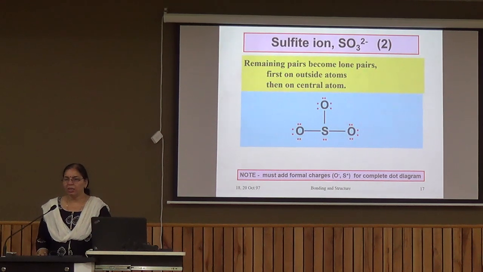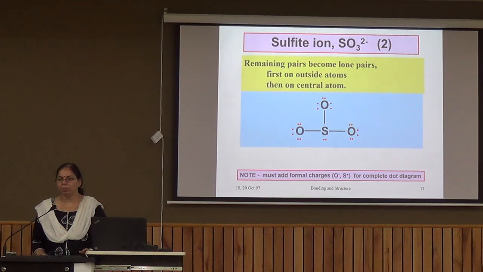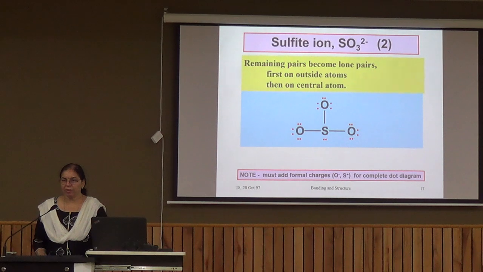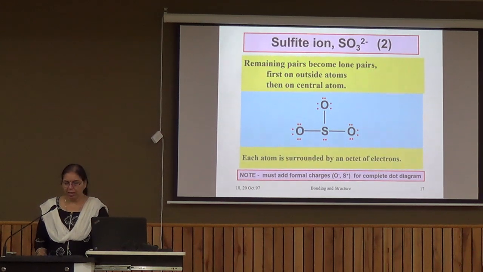Now divide equally these lone pairs of electrons. Each oxygen atom is having 6 electrons present in the outermost shell, which are left behind, not shared during the bonding, and sulfur is having 1 lone pair of electrons.